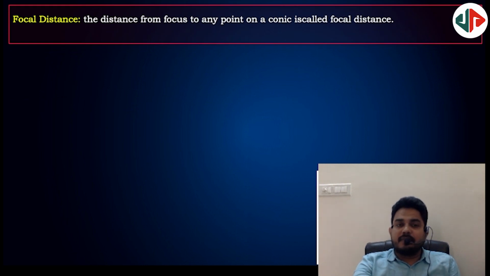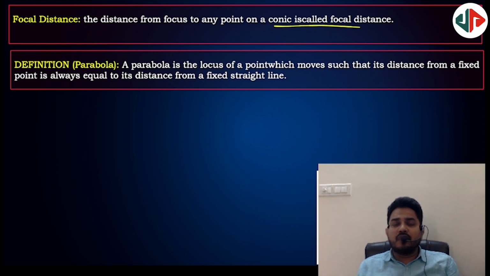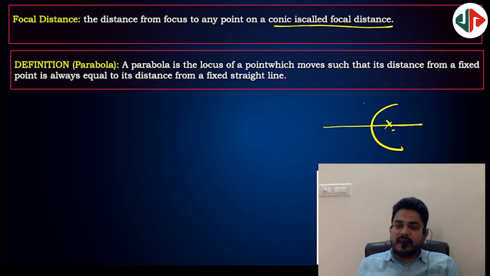Focal distance: the distance from the focus to any point on a conic is called focal distance. If this is the conic and the focus is here, the point has to be on the curve.